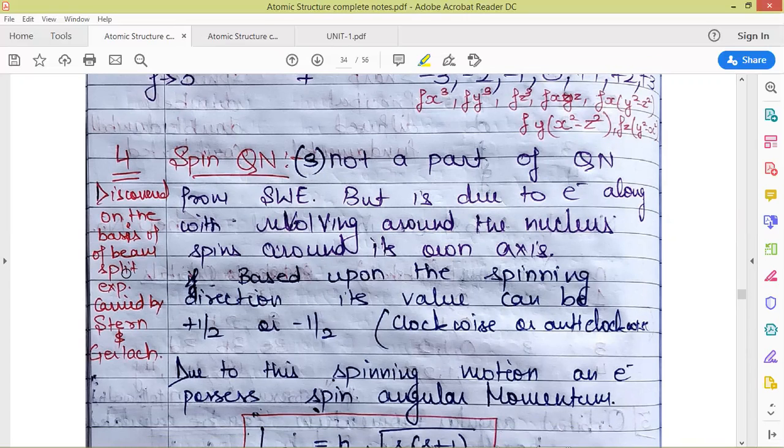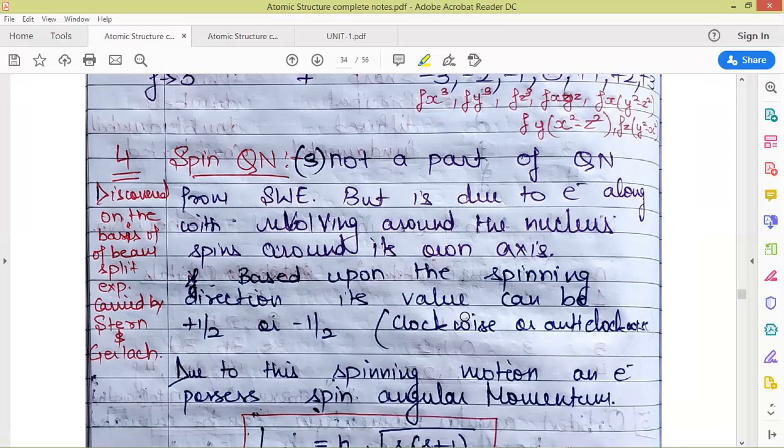It was found that electron is having one more type of angular momentum, that is spin angular momentum, which was based upon the spinning motion of electron.